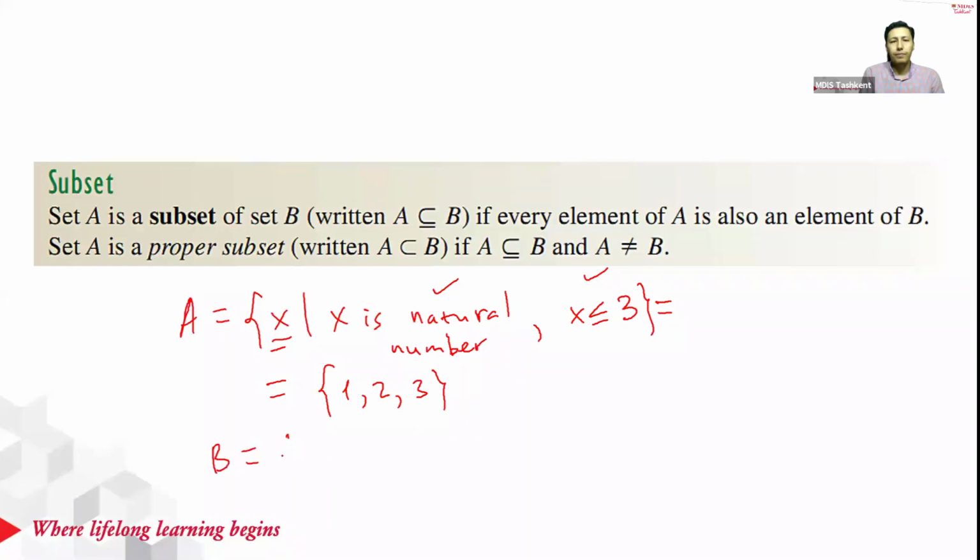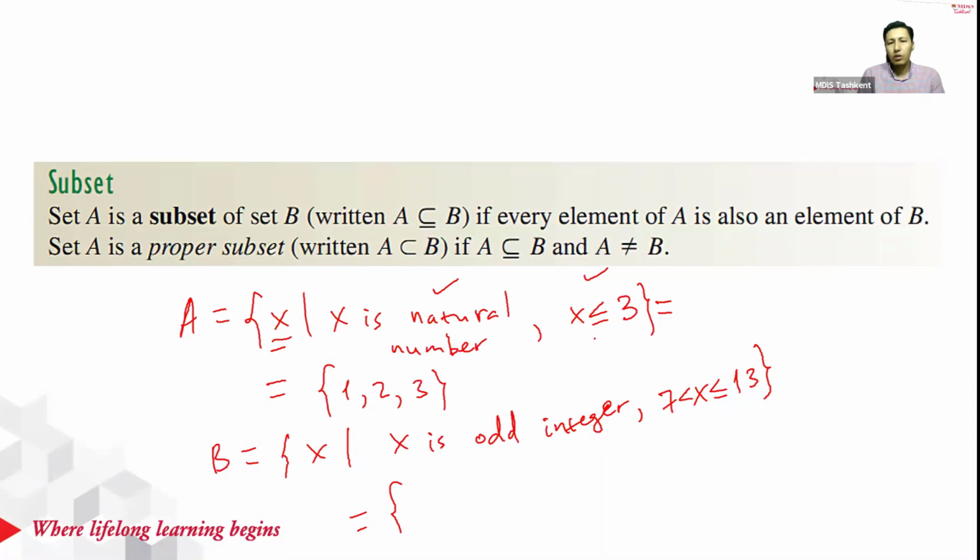B consists of x elements, x is an odd integer and it is between 13 and 7. So odd numbers: 1, 3, 5, 7, 9, 11, 13, 15.